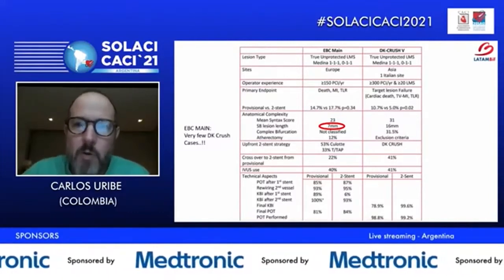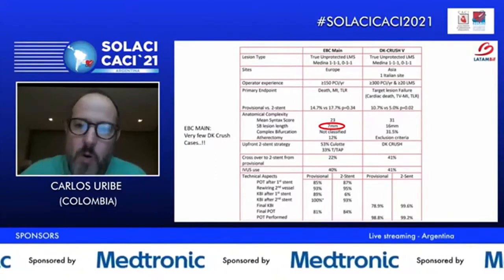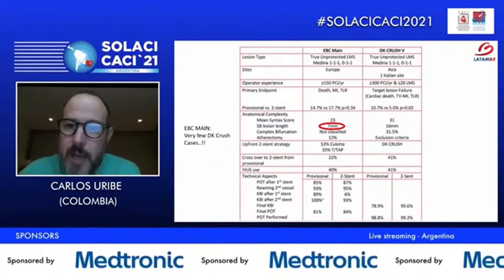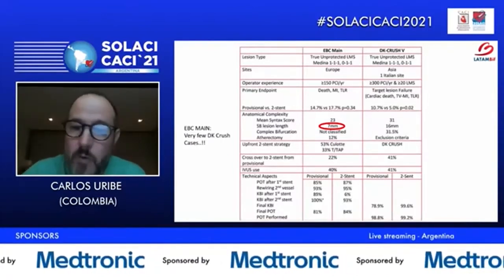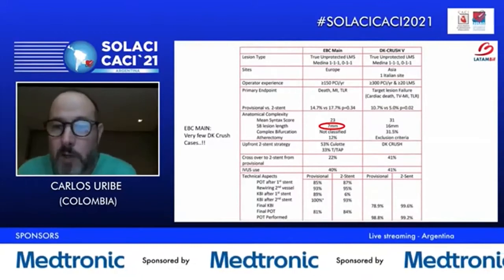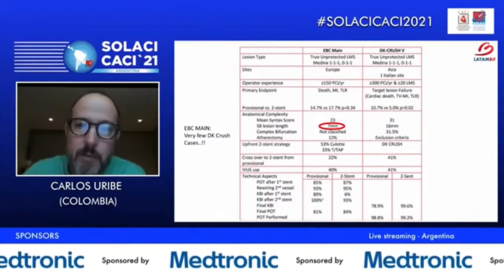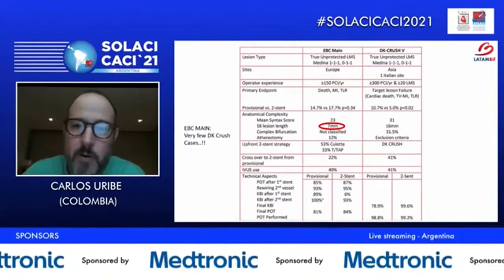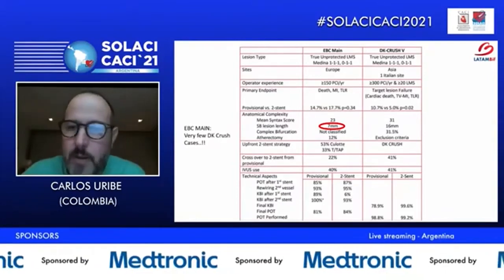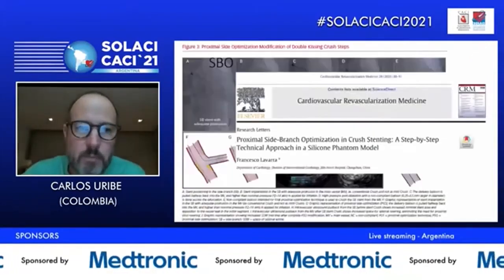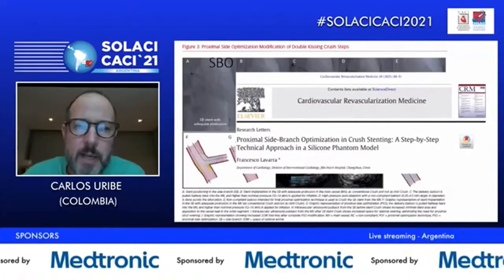And this is my concern as an interventionist: what to do with complex lesion, provisional, and then a tap or collode compared with a DK Crush. I would have liked that we were able to define which of these two strategies would have been the better, in patients with complex bifurcations.